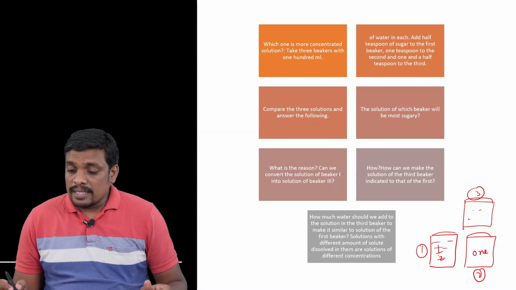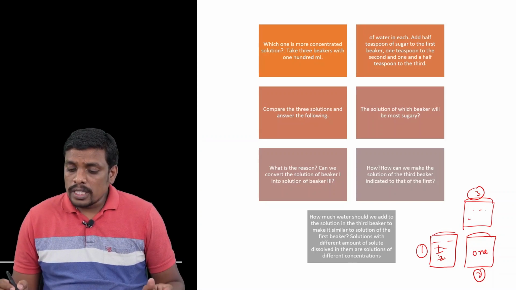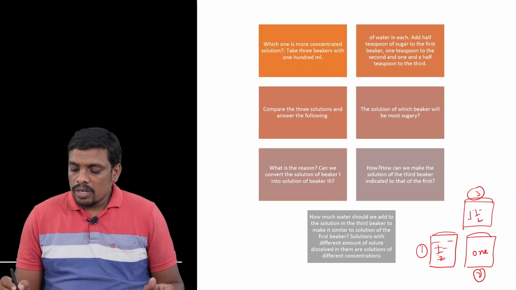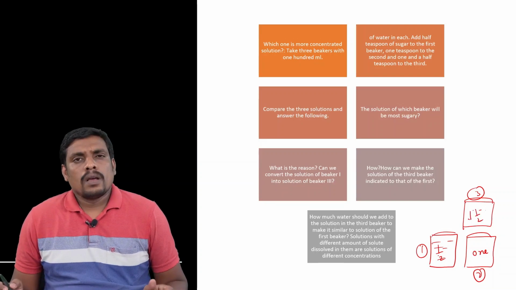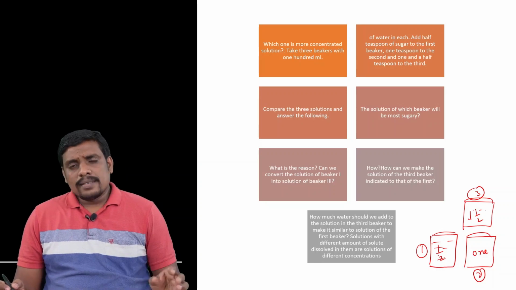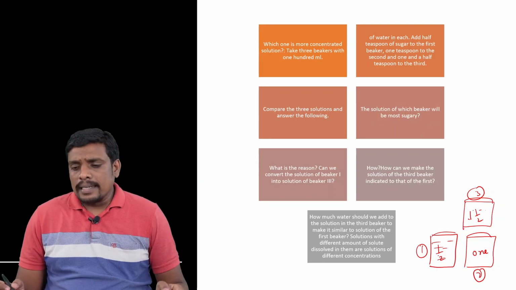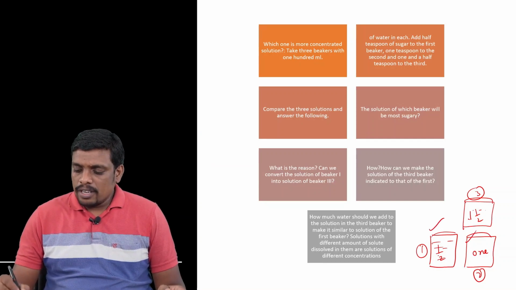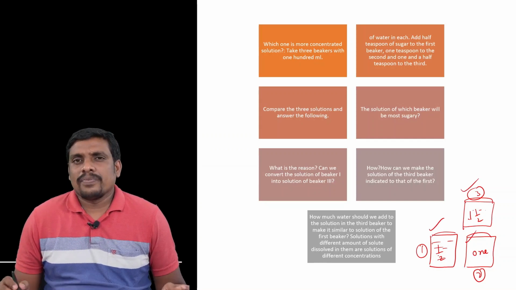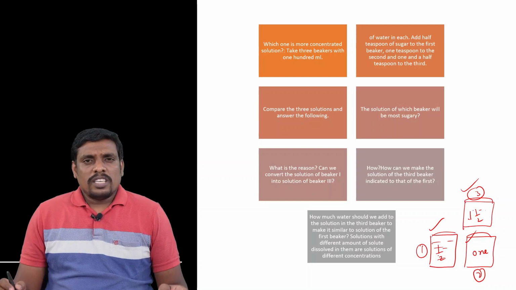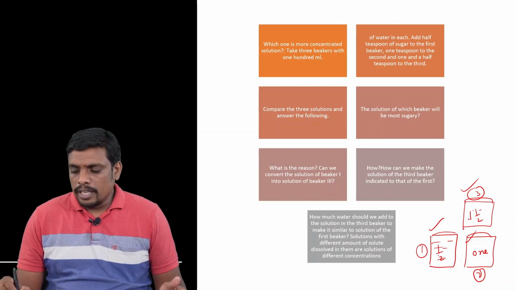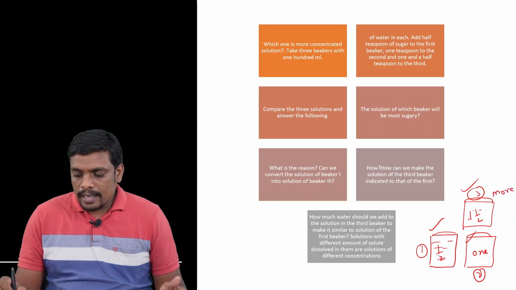Whereas the third beaker, we have to add 1.5 teaspoon of sugar. Stir these three beakers well until the sugar dissolves. In these three beakers, which one is more concentrated? Let us find it. Easily we can say that the third beaker is the more concentrated solution.